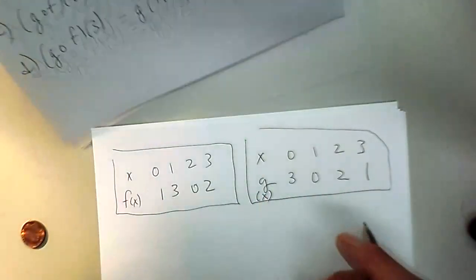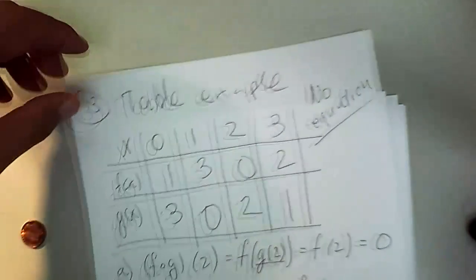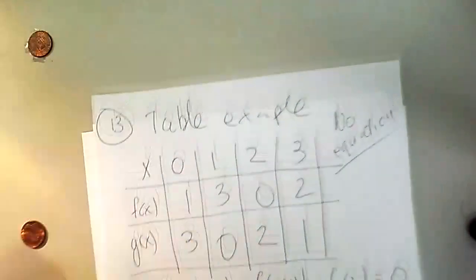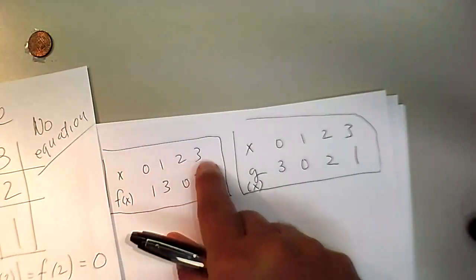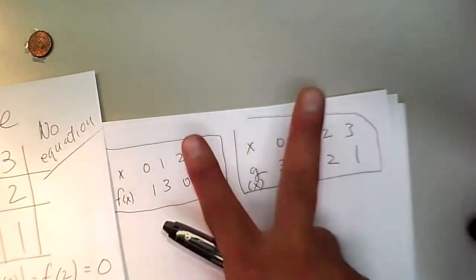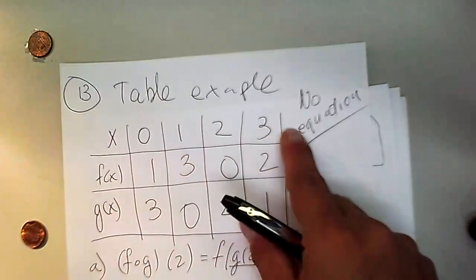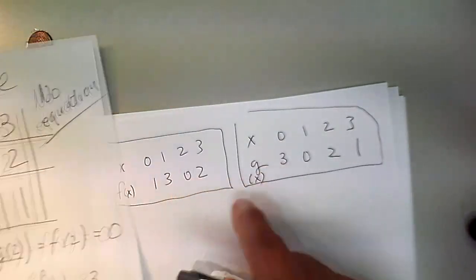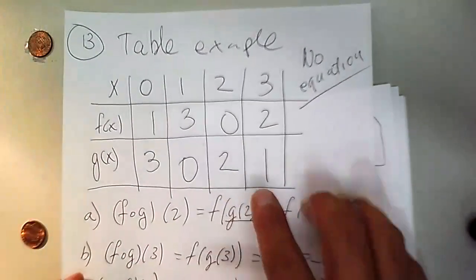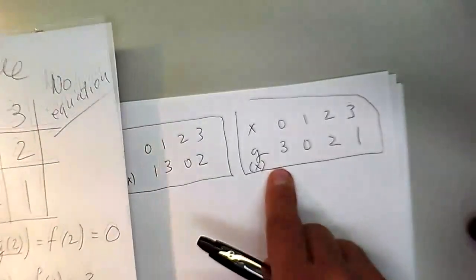But don't be confused. Those two tables are the same as this table. What I'm doing is instead of writing 0, 1, 2, 3 twice, I'm doing 0, 1, 2, 3 once, and I'm putting the f and the g in two rows. Do not get confused. Sometimes I do this, sometimes I do that.